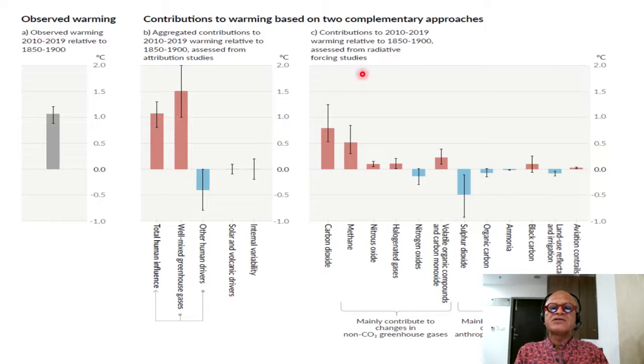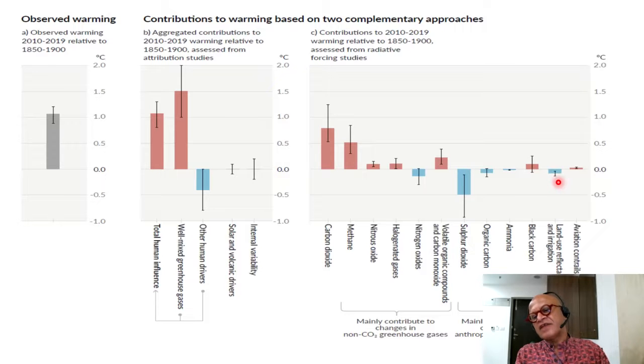Again, this is the contribution to the 2010 to 2019 warming assessed from radiative forcing studies. So carbon dioxide, methane, nitrous oxide, halogenated gases, HFCs, and so on. Nitrogen oxides cool a little. Volatile organic compounds and carbon monoxide warm a little. Sulfur dioxide, organic carbon, ammonia, black carbon has a significant range, but it's on the warming side.